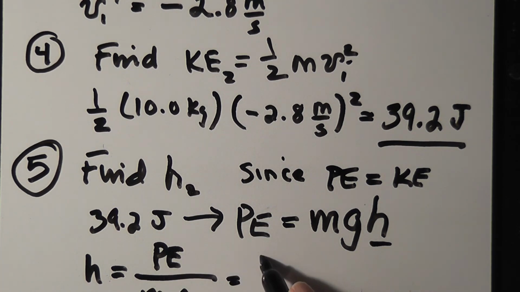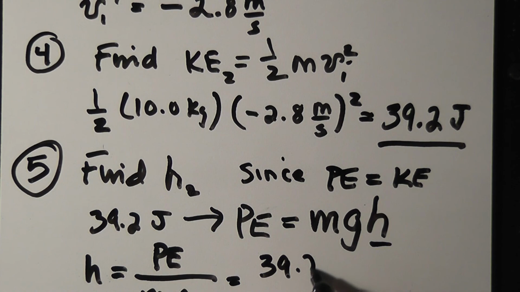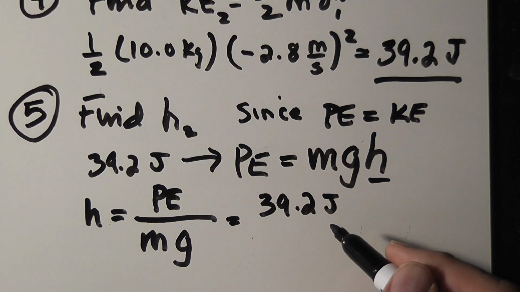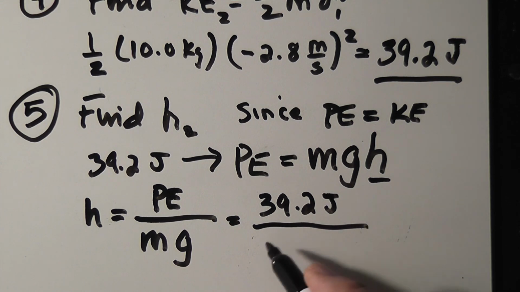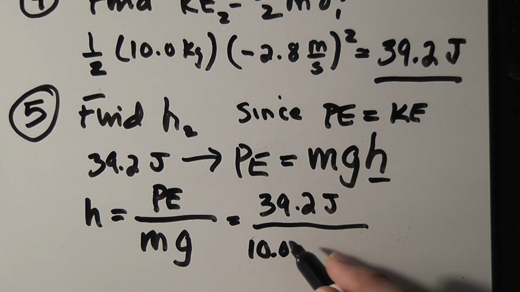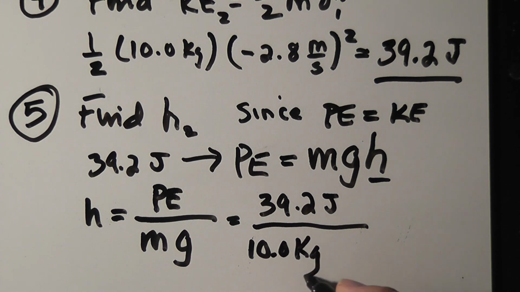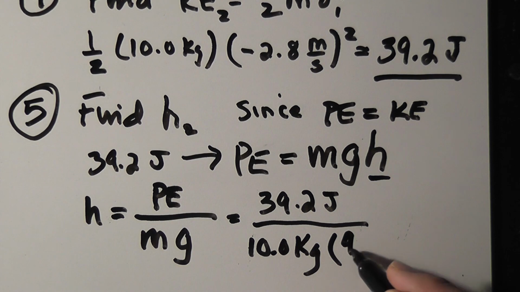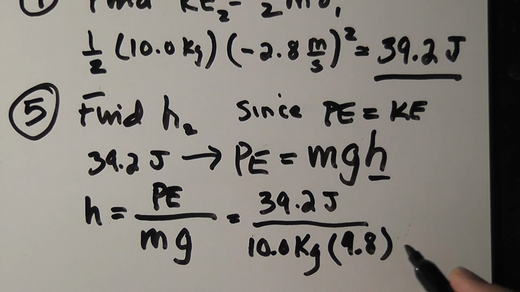So this is equal to 39.2 joules, all divided by the mass of the first ball, times our acceleration of gravity, 9.8 meters per second squared.